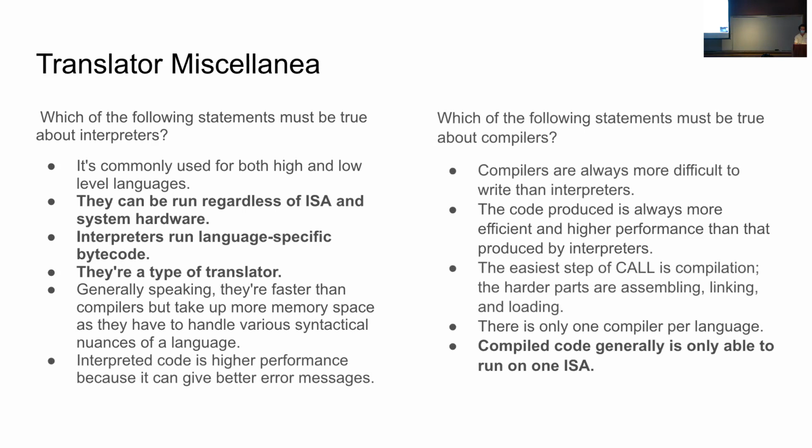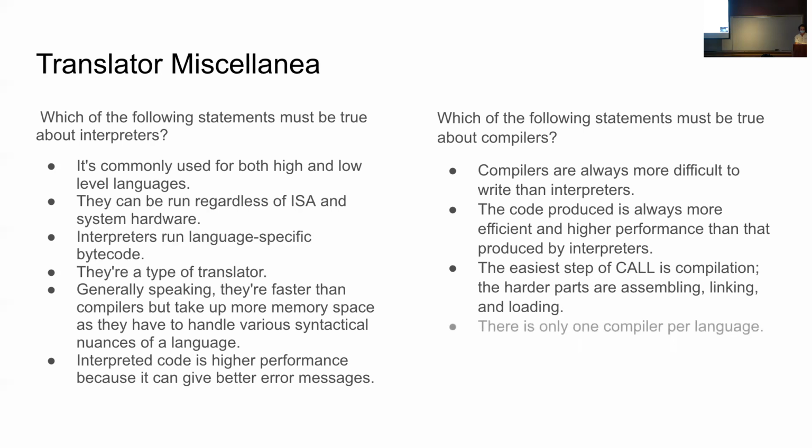I'll jump to the answer of the first one first. You were right. The second one and fourth one are both correct, but then also the third one is correct. And then I'll give you a minute to pretend like you didn't see the answer to the second one and think it through.